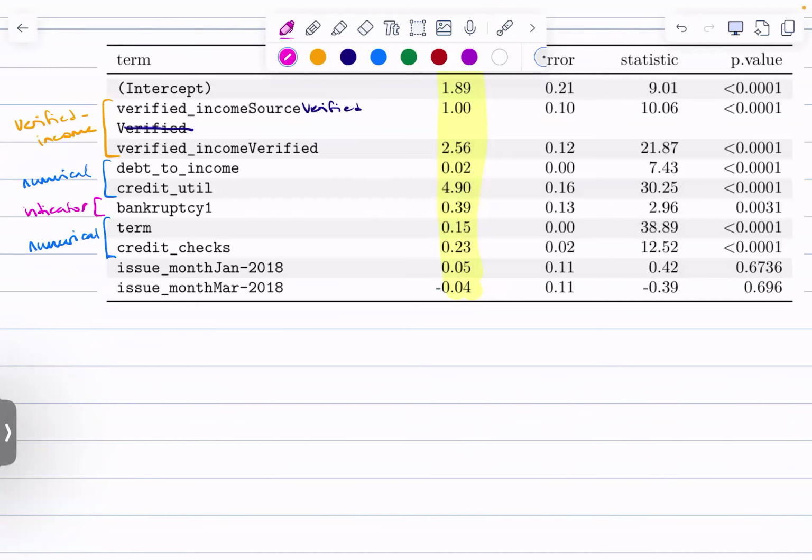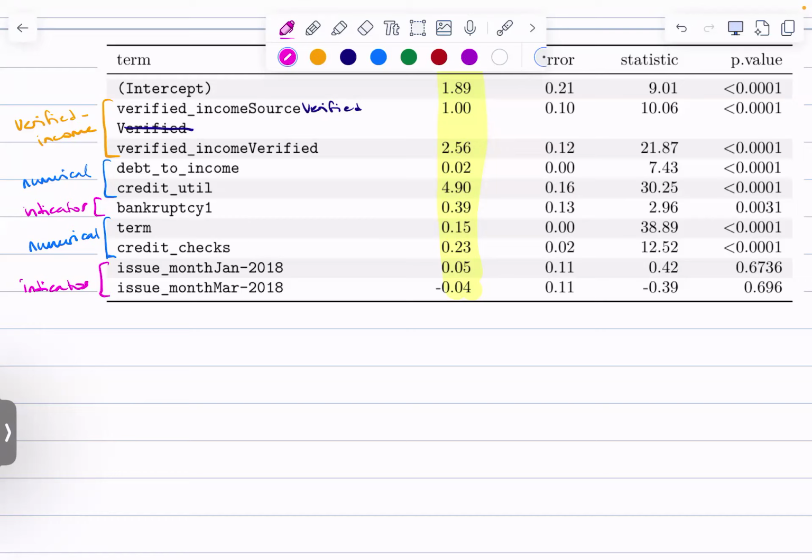I'll add indicator here and indicator here. I think they all happen in the first quarter of 2018, which puts me at February for my reference level.